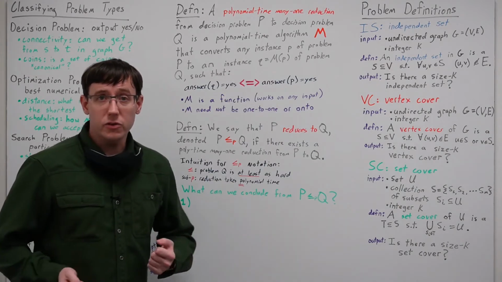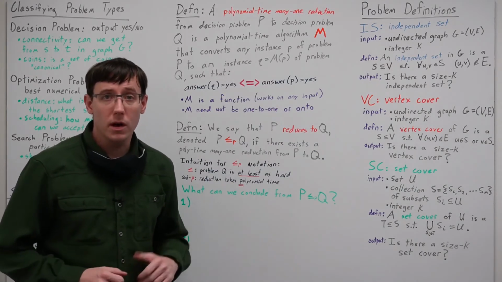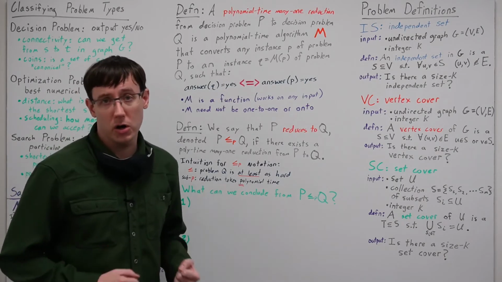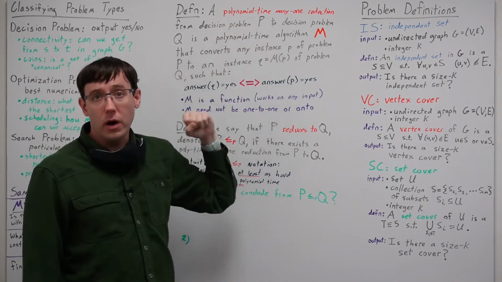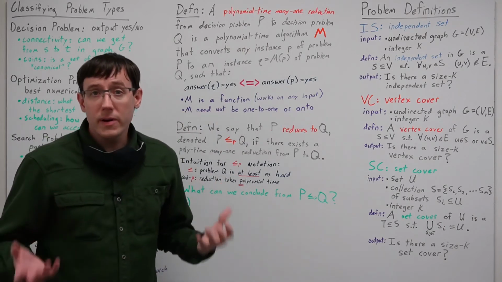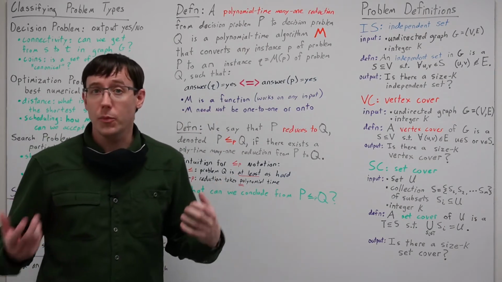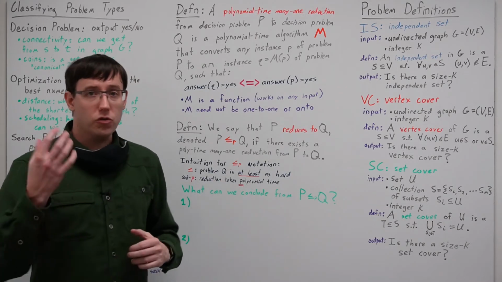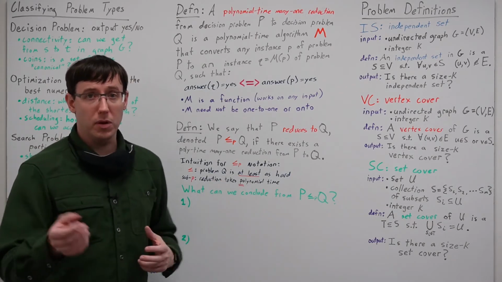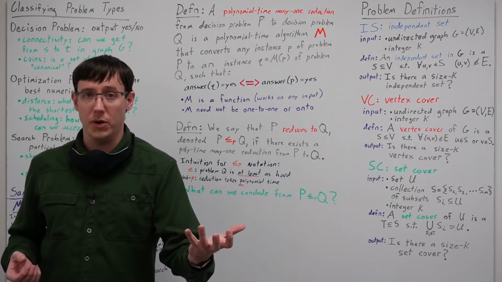And this leads us to the formal definition at the core of our study of problem hardness, which is a polynomial time many-one reduction. Like the reductions we have been using all semester, a polynomial time many-one reduction translates an instance of one problem into an instance of another problem.